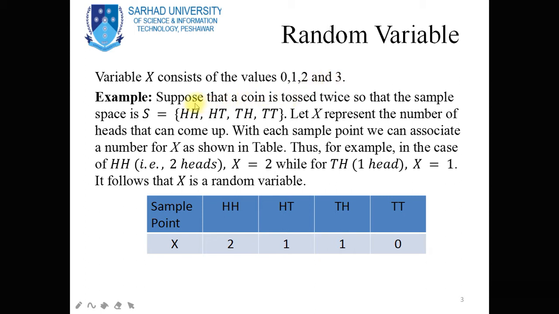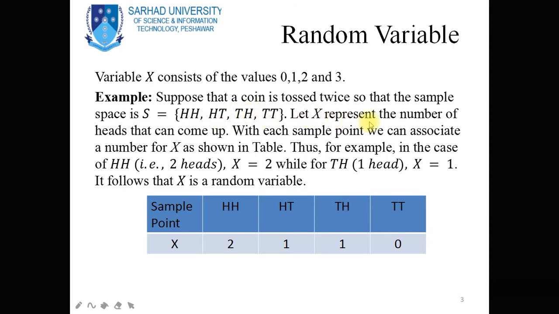Now, another example, suppose that a coin is tossed twice so that the sample space contains these outcomes: HH, HT, TH, and TT, where H denotes head and T denotes tail. So when we toss a coin twice, we obtain these outcomes for the sample space of this experiment.